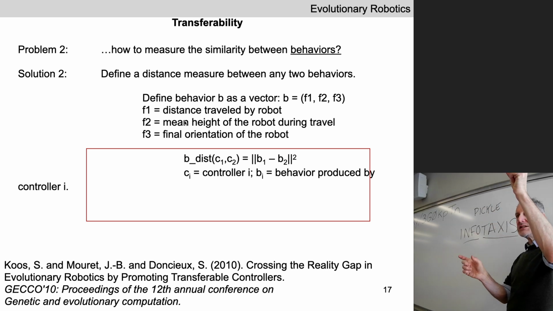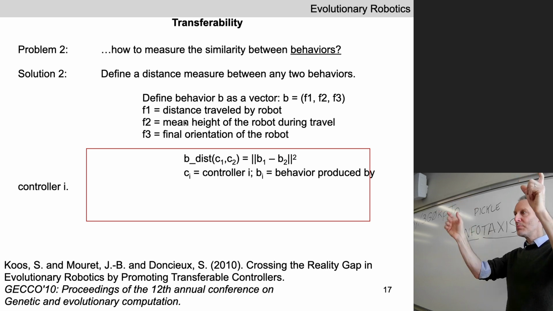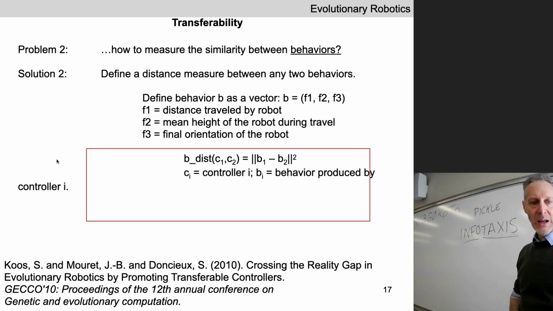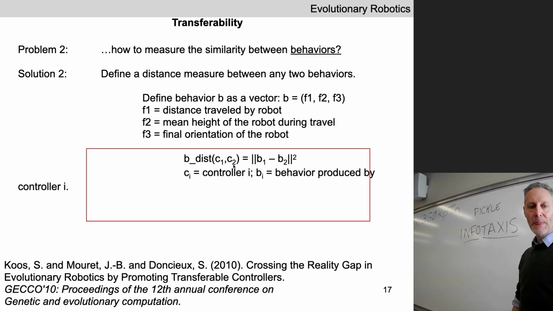We have controller CJ, which produces a second behavior on the simulated robot, which produces vector BJ. So we have 2 Bs now, and we can compute the behavioral distance between controller I and controller J.